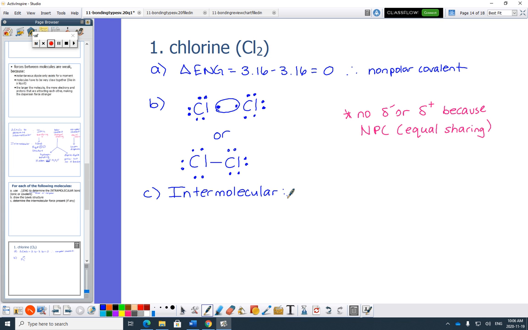So now C, intermolecular. So all you have to do, okay, it's nonpolar covalent. What's that going to be? London dispersion, okay? And like I said, if you just wrote London, that'd be fine.